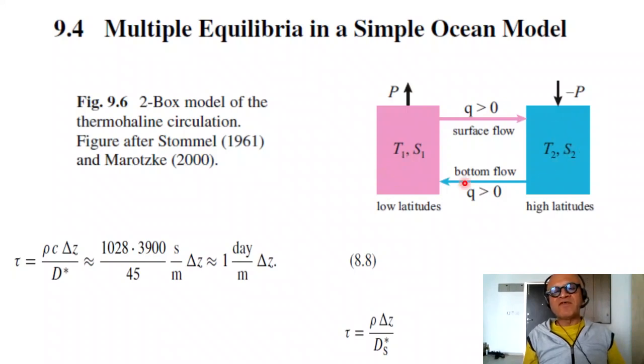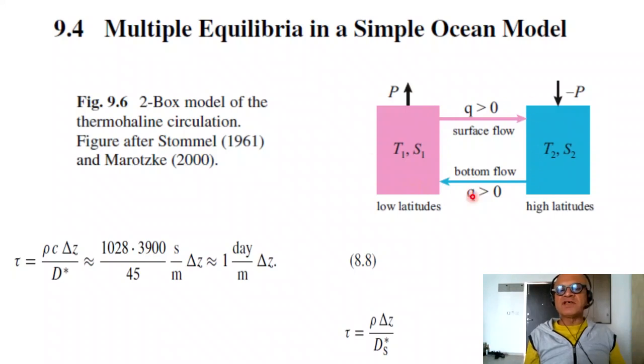The temperature difference delta T, T1 minus T2, can be assumed to be constant, and you can have water fluxes, so you can take precipitation from here and dump it onto here, for example, which results in a surface flow of temperature and salinity, where you have water flowing in this direction, and you can have a compensating bottom flow coming from high latitudes to low latitudes.